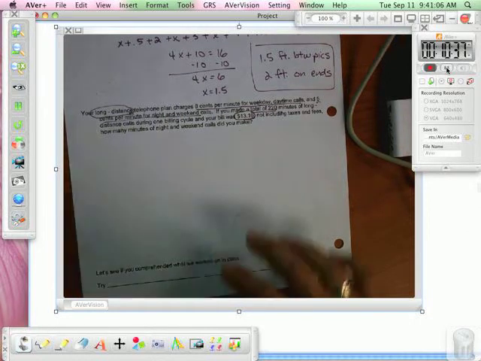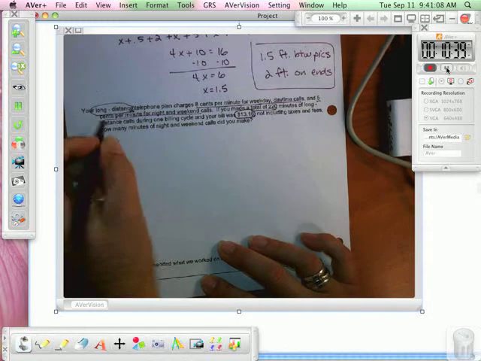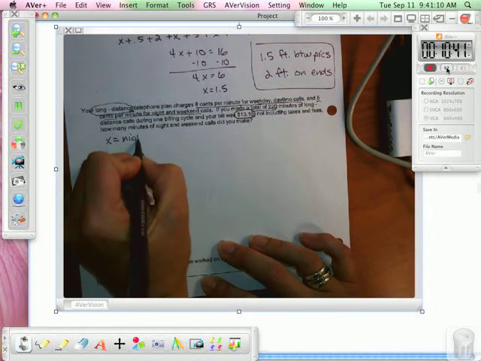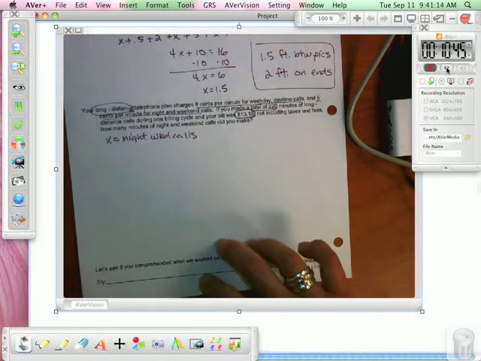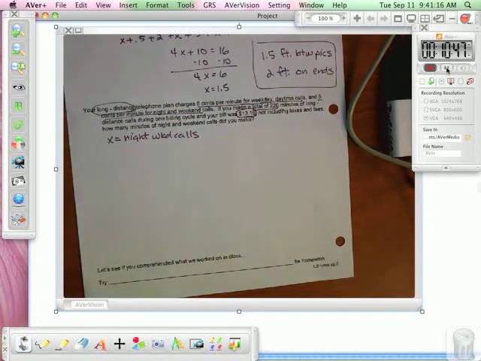So I'm automatically going to say X is my night and weekend calls. Okay, once I write that down, I'm going to go back in and say, there's something else that I have too. Not only do I have night and weekend calls, but I have what? Weekday and daytime calls. And they told me I made a total of 220.